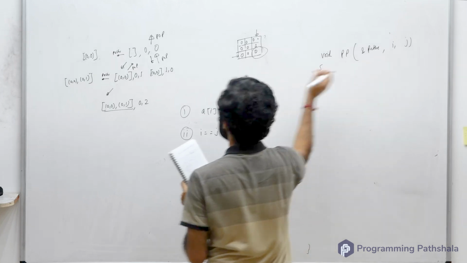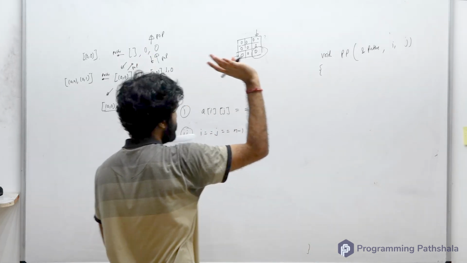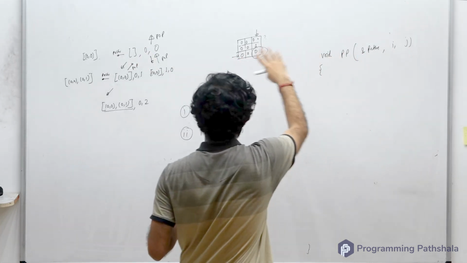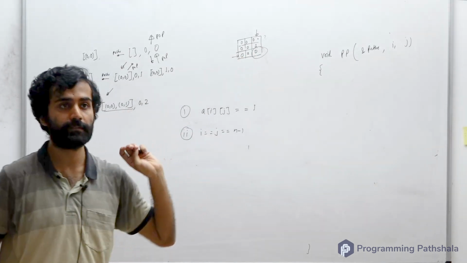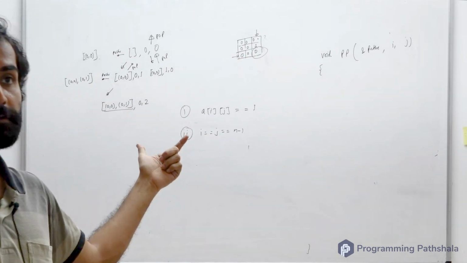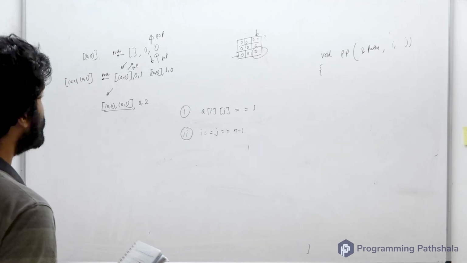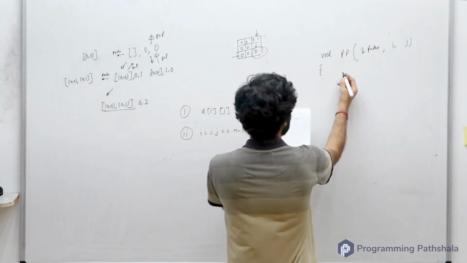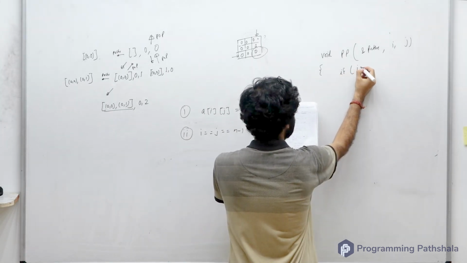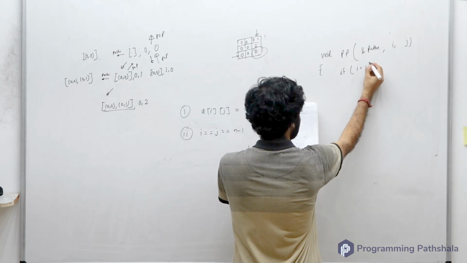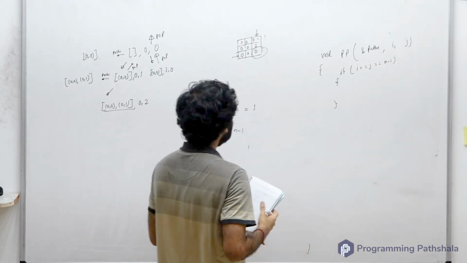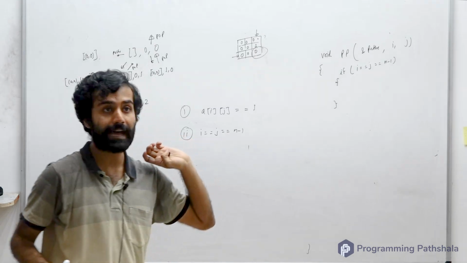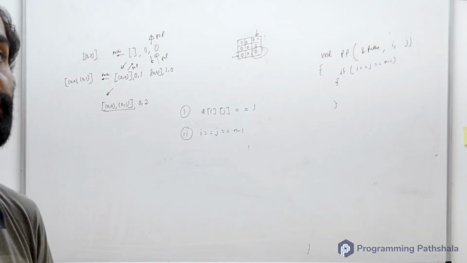This paths is this vector of pairs, okay, and this i comma j is whatever coordinate you are at. So what should I write first? I should first introduce my termination conditions, right? So yeah, if i is equal to j is equal to n minus 1, what does it mean? It means that I have reached the last cell. So what will you do at this point of time?